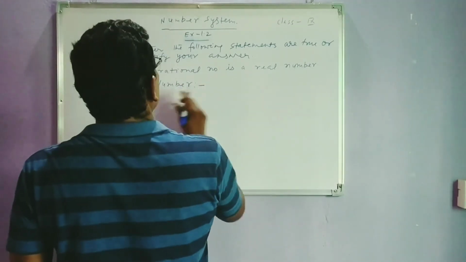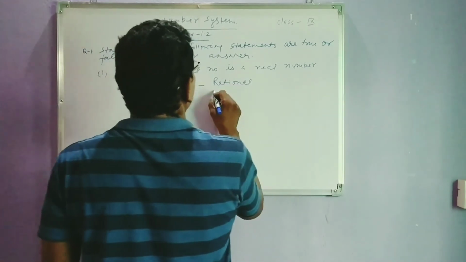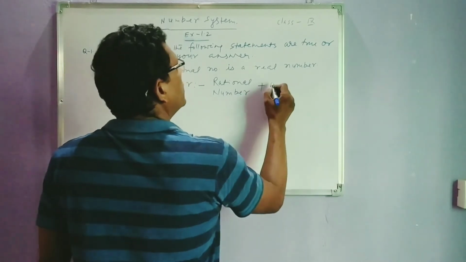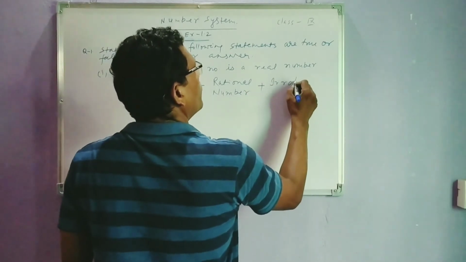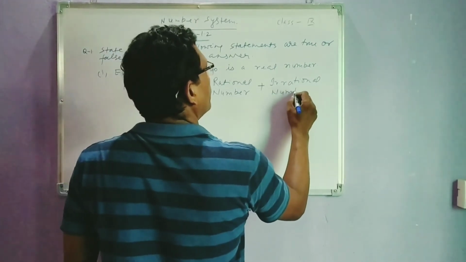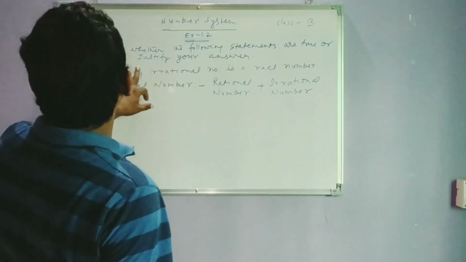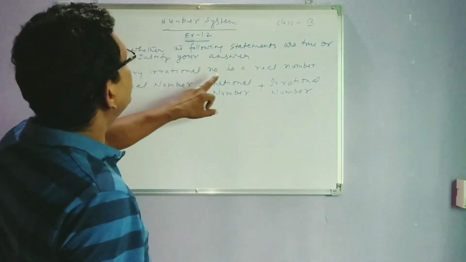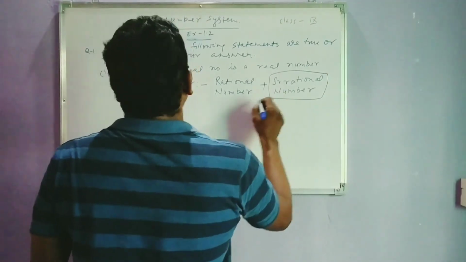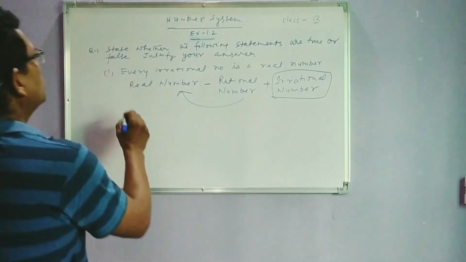Real number includes rational number and irrational number. So question says every irrational number is a real number. So irrational number is the part of real number. So it is true.